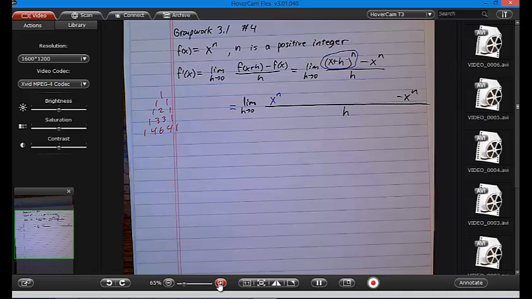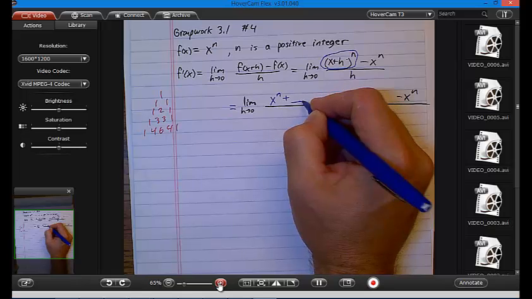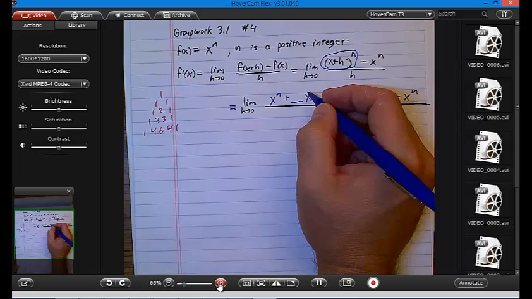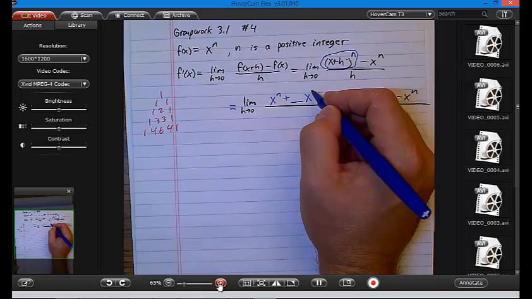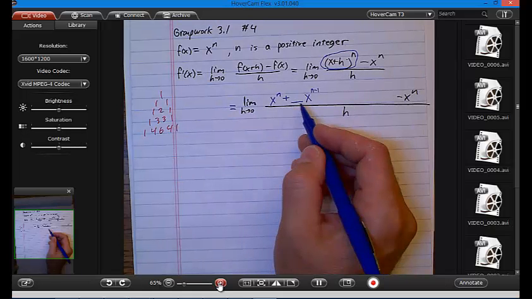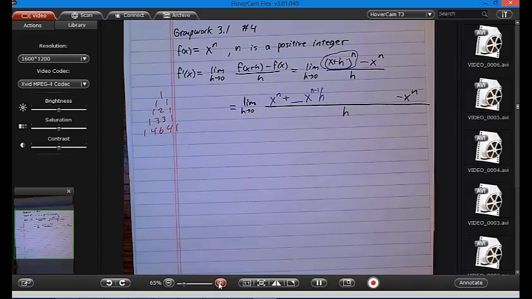Now the next term is going to be plus something x to what power? N minus 1, right? If we were doing x to the 4th, the next one is something times x cubed h. Remember that the powers of x go down and the powers of h go up. So I don't know what that something is yet.